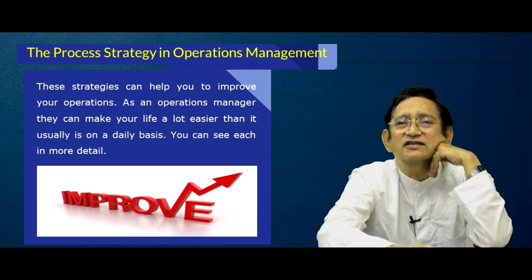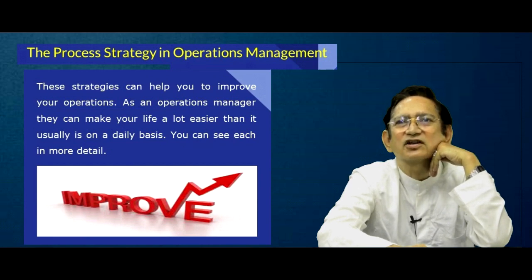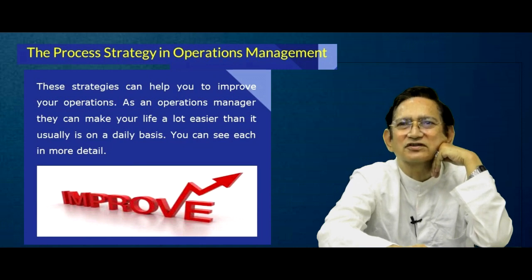These strategies can help you to improve your operations. As an operations manager, they can make your life a lot easier on a daily basis. You can see each in more detail.